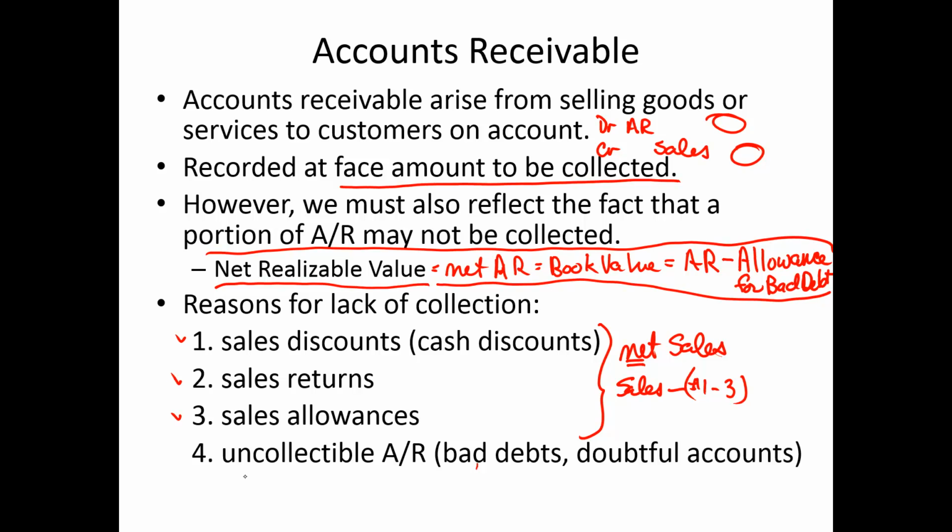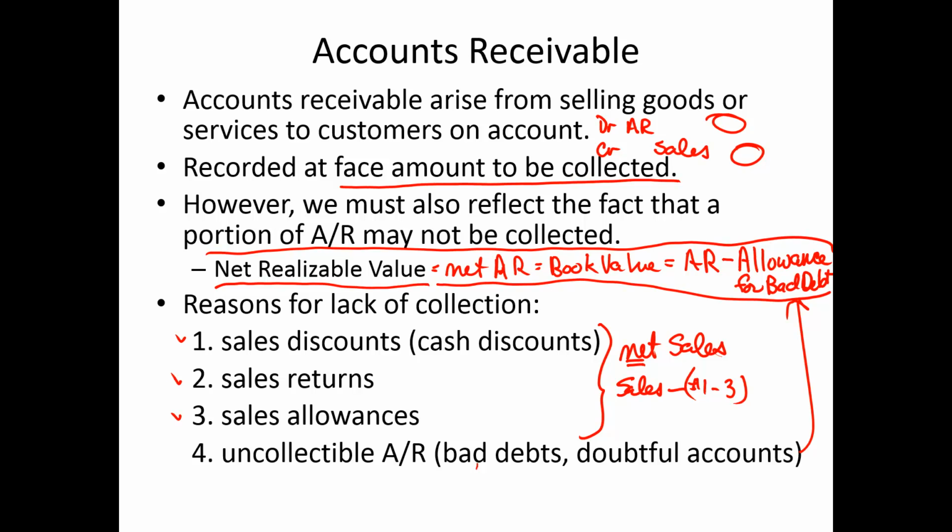The uncollectible accounts receivable, the bad debts or the doubtful accounts, is what is subtracted from the accounts receivable, in other words, the running tally of which customers owe you money.